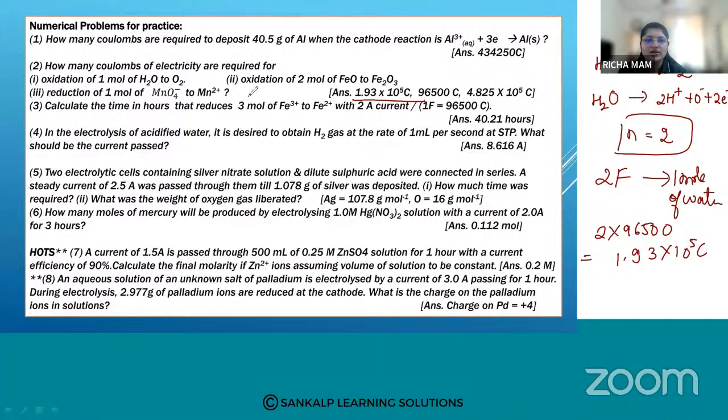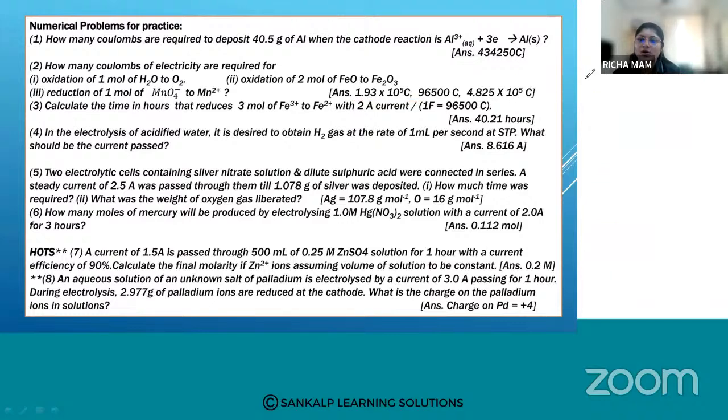Fine. Next question. Oxidation of 2 moles of FeO to Fe2O3. How will you solve this?